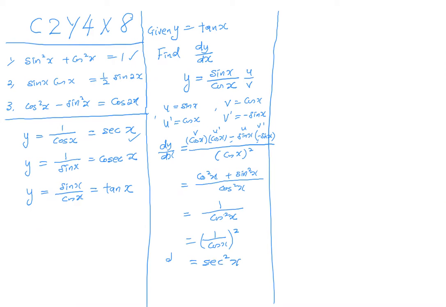So next time, if you see y equal to tangent x, you can straight away write down dy dx is equal to sec square f x, then times by f prime x.